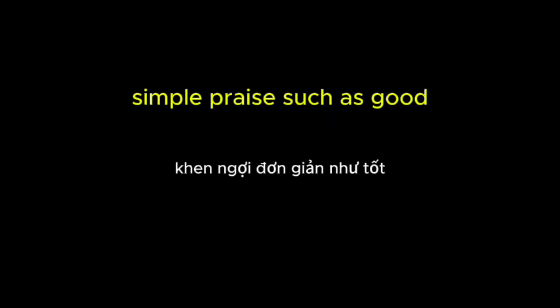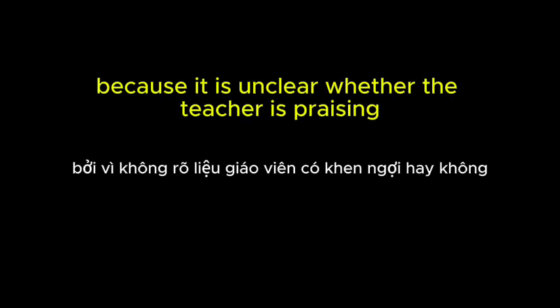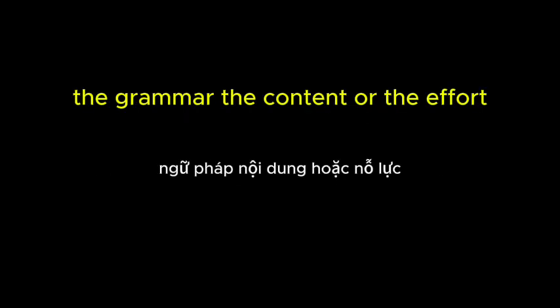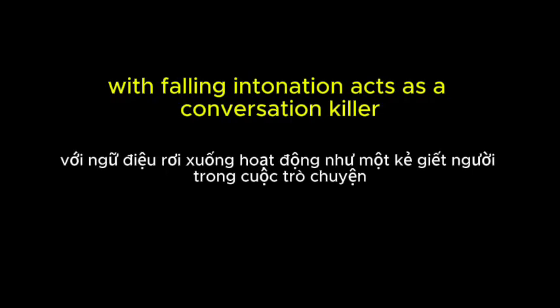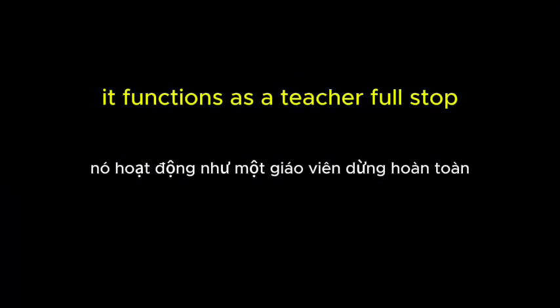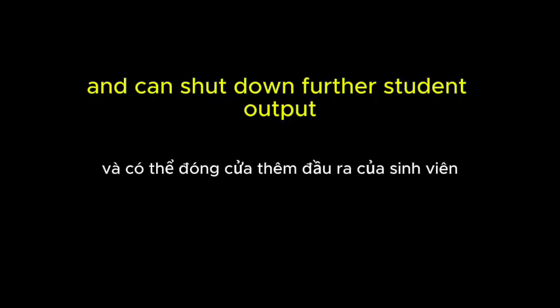Simple praise such as "good" can be ambiguous because it is unclear whether the teacher is praising the grammar, the content, or the effort. Wang and Waring, in 2009, argue that "very good" with falling intonation acts as a conversation killer. It functions as a teacher full stop and can shut down further student output.